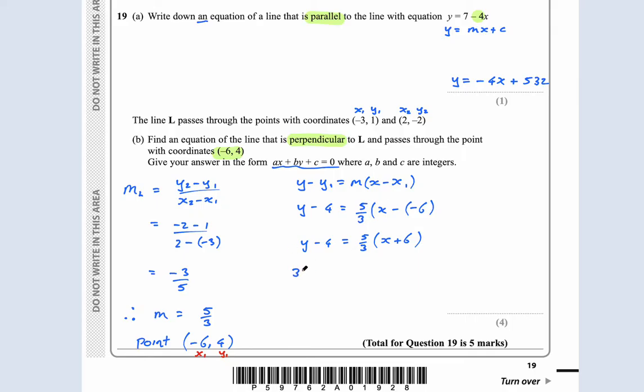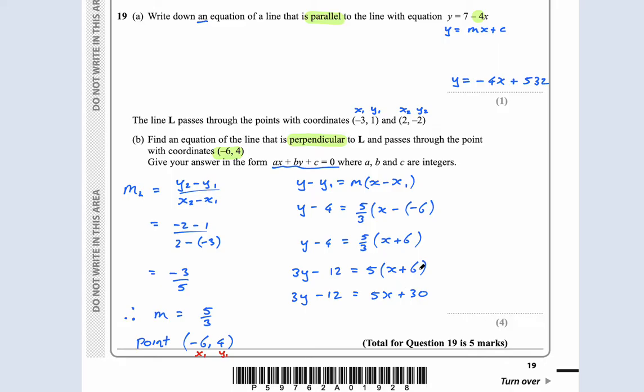So it's going to be 3y minus 12, because 4 times 3 is 12, equals, multiplying this side by 3 gets rid of the denominator, which is the point of the whole thing, 5 times x plus 6. So my 3 disappears here, and both of these get multiplied by 3. Then multiply our bracket: 3y minus 12 equals 5x plus 30.